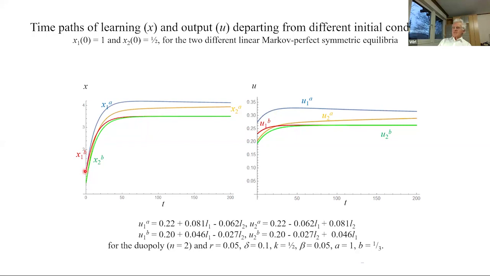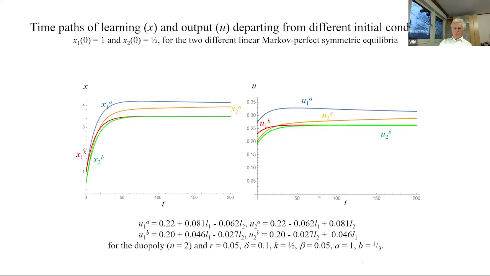Player 1 starts at the knowledge level of 1. And then you see for strategy B, a very fast convergence. So although the second player starts from behind, he catches up fairly fast. Note that this is important for the following analysis. Of course, by subgame perfection, even for strategy A, player 2 must catch up, but you see the catching up is here very, very slow. Okay? And the same is here for the controls.